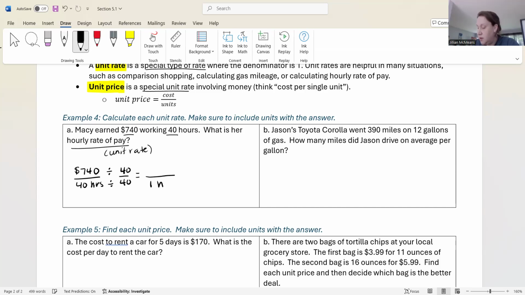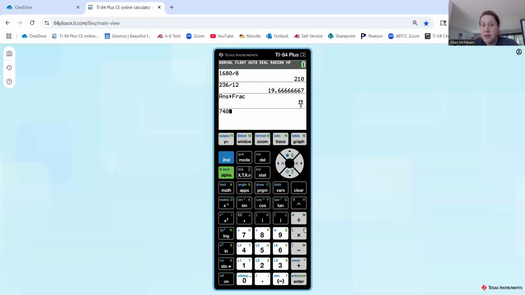That's just 1 hour. And then I will absolutely let you use your calculators for the other division. So as long as you show me this setup right here, you can use your calculator to do the actual division of 740 divided by 40. So let's see what we get. So on the calculator, we had $740. We need to divide it by 40. And we get 18.5.